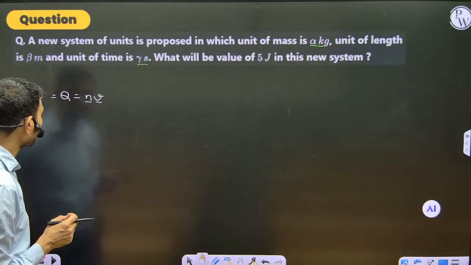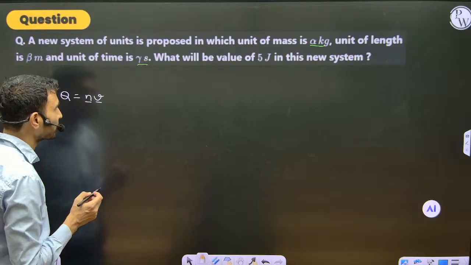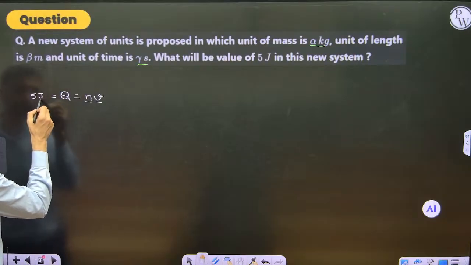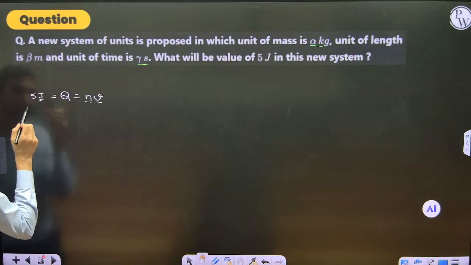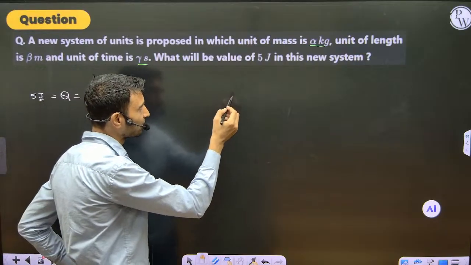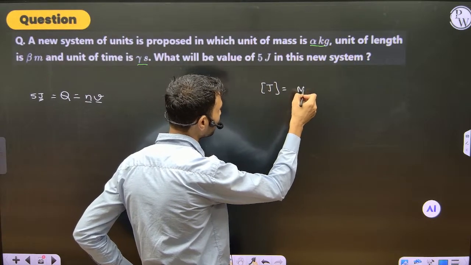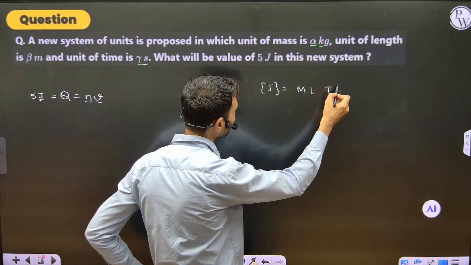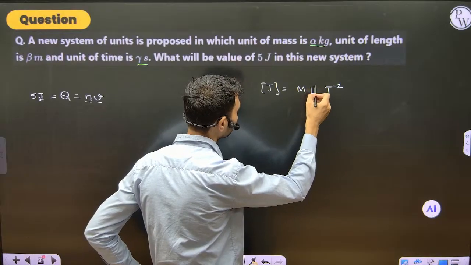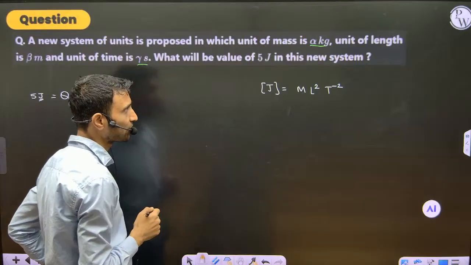So let us start with joule. Joule is a unit of energy. So what will be the dimension of joule? That's energy, so it is ML squared T minus 2. This is the dimension of joule, energy.